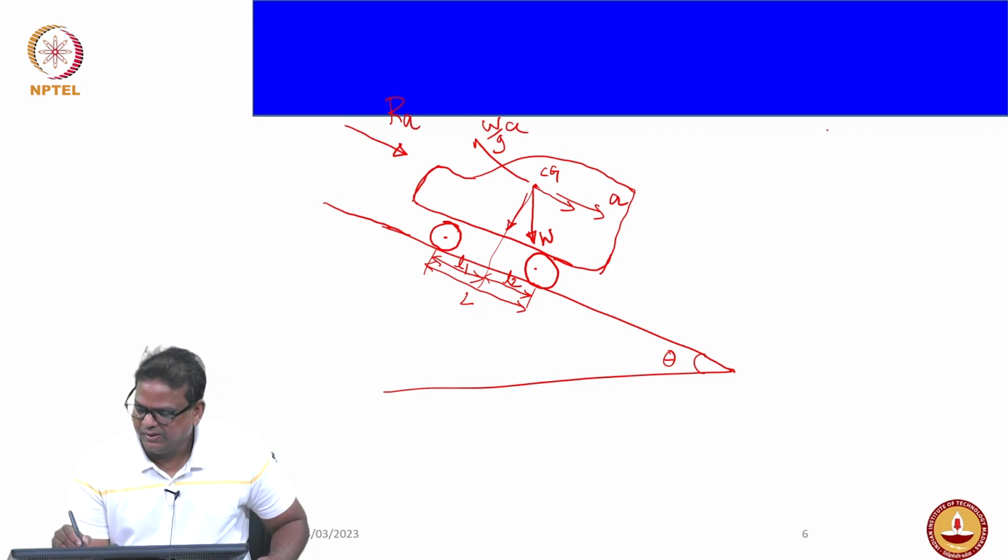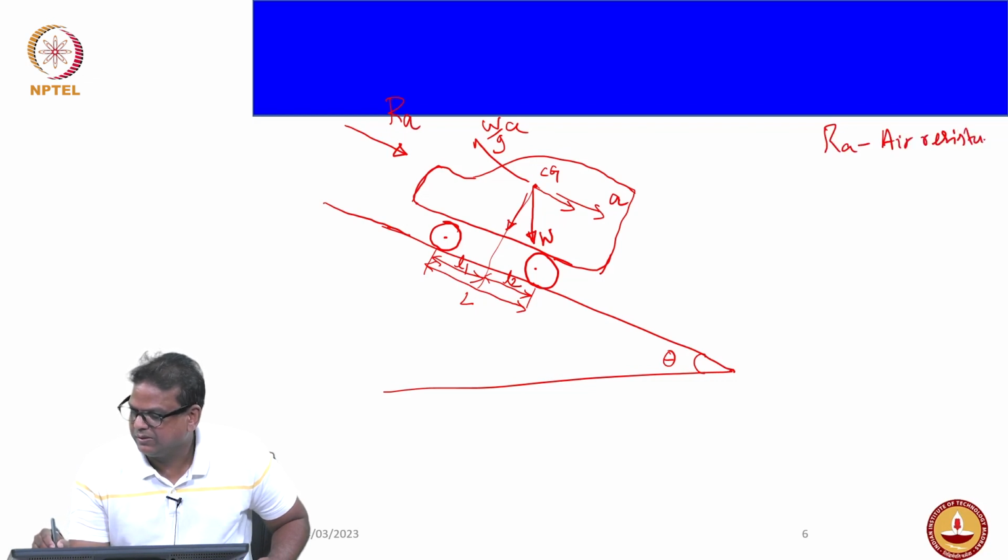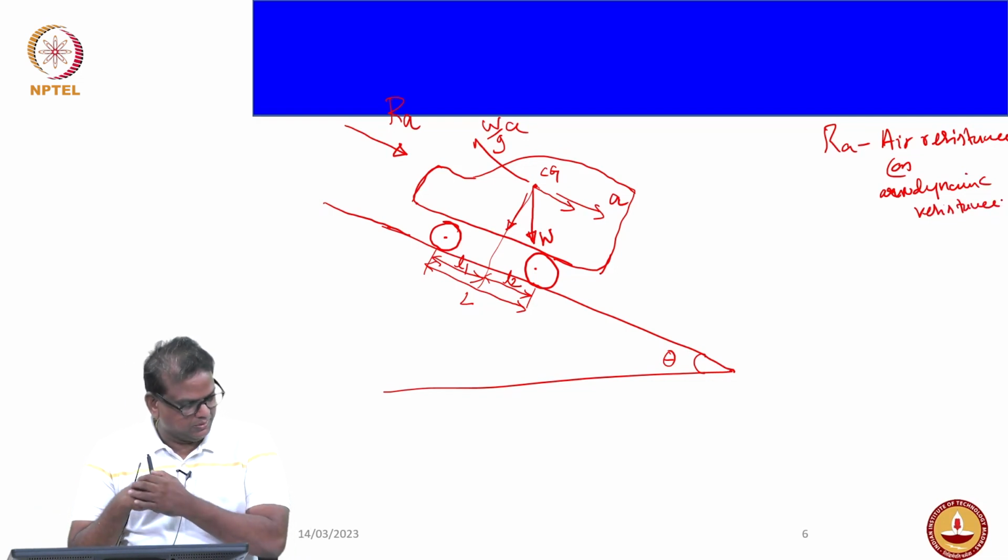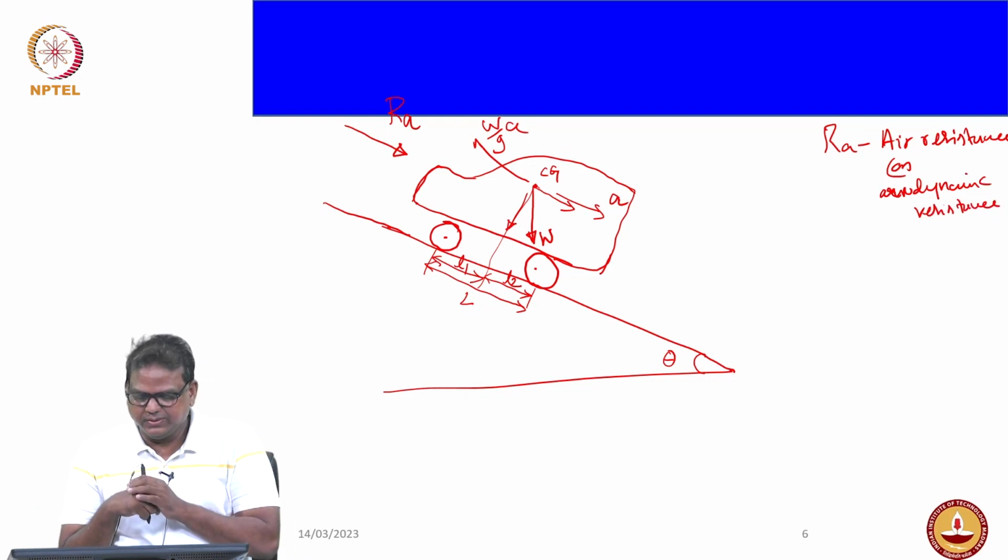RA is the air resistance or aerodynamic resistance. Still it's not very clear.